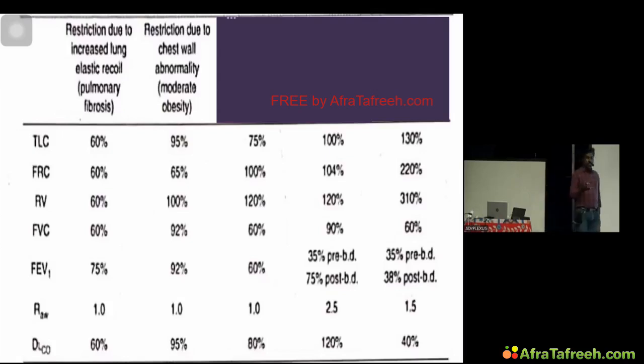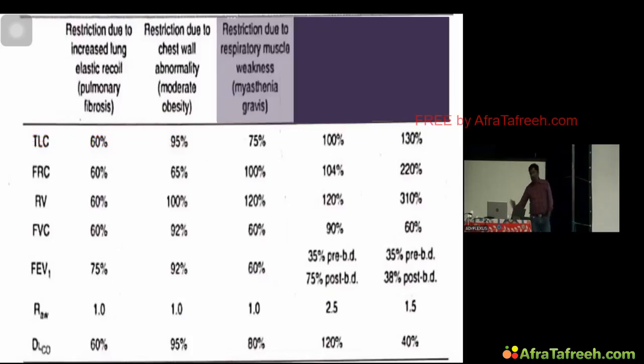FEV1 by FVC is normal, DLCO is normal, but RV alone increased. So what pathology can you think of here? Extrinsic restrictive lung disease. So this is actually a case of myasthenia gravis.